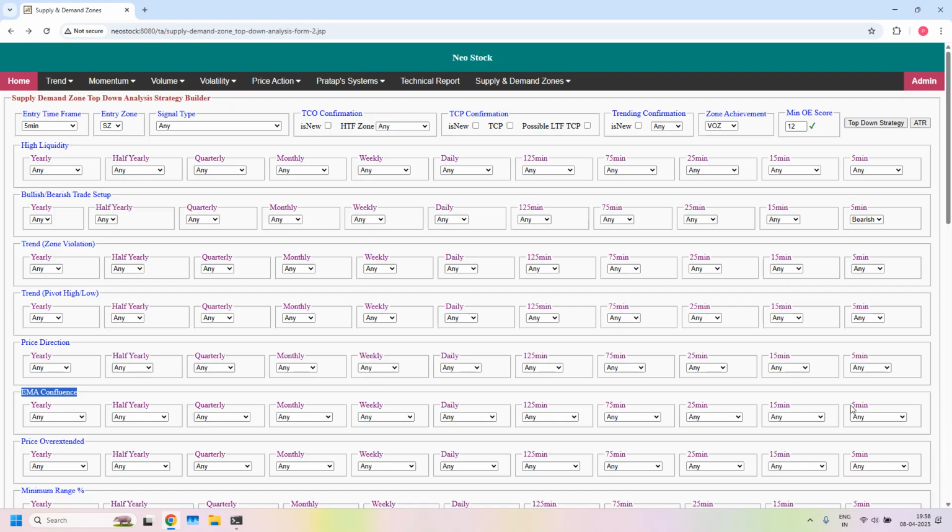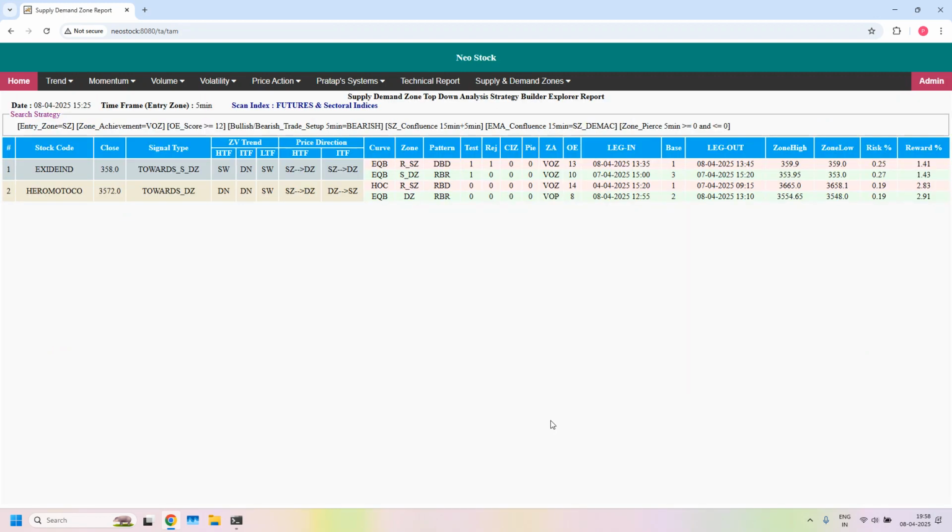The EMA confluence at 5 minutes time frame, 15 minutes time frame, because 5 minutes is overlapped with 15 minutes supply zone. So I'm setting the filter 5 minutes supply zone with daily EMA confluence. So two stocks are filtered. These two 5 minute supply zones might have higher probability compared to the other stocks. But this is based on LTF and ITF supply zone confluence and EMA confluence.